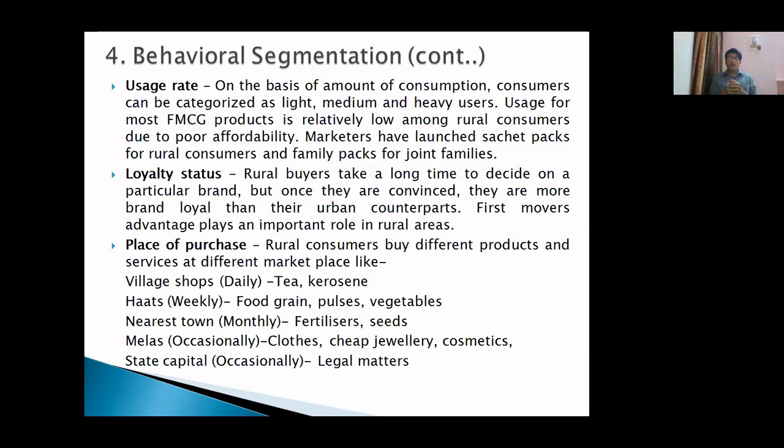To tackle that, marketers have launched small packs or sachets for rural consumers, and family packs or economy packs for joint families. So they will be having either very small packets or the family packs, nothing in between. Those who can't afford will be using the small packs. Those who have a large family and can afford will be going for the economy pack.